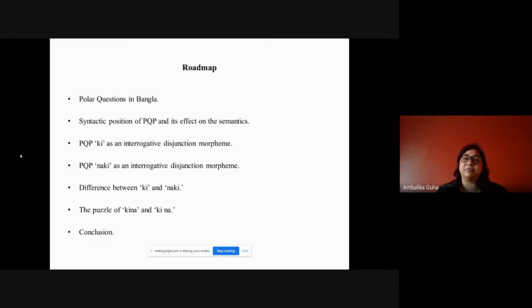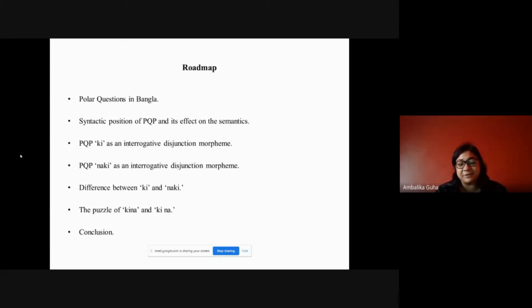First, I'm going to give a very brief introduction on polar question formation in the language Bangla. Then we'll move to the syntactic positions of the polar question particle and how they correspond to semantic effects. Third, we will see how the polar question particles ki and naki can occur both in yes-no questions as well as an interrogative disjunction marker.